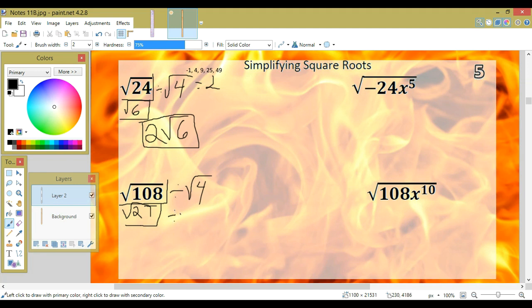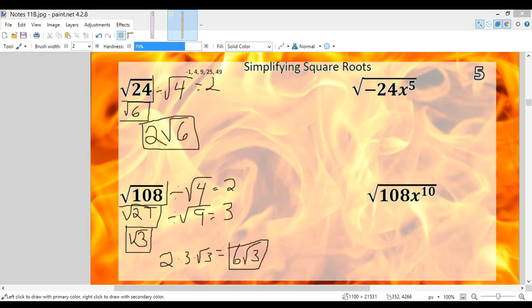Yes, we could divide by 9. 27 divided by 9 is 3. There's nothing else we could take out of 3, so that's our leftovers. Square root of 4 is 2, and the square root of 9 is 3. So our answer would be 2 times 3 times the square root of 3, also known as 6 square root of 3.